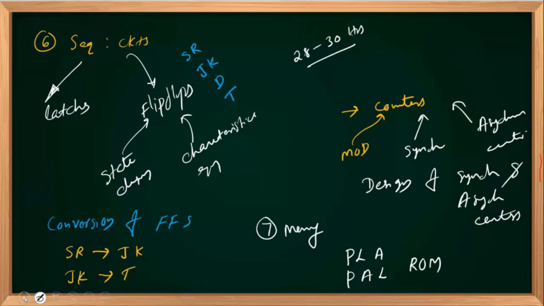For all streams other than AAA, you can expect around 5 to 6 marks. This is based on recent papers. This is for EC stream, computer science, CSE, and instrumentation. For AAA, you can expect 1 mark less, that is 4 to 5 marks.